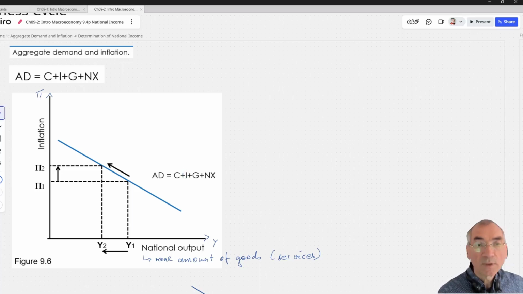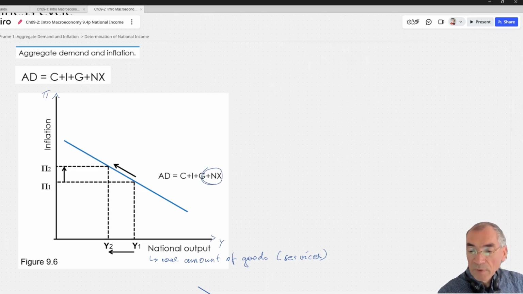Similar for government expenditure and also exports. People in other countries are going to buy less if the prices go up. So that's our inflation and national output graph, aggregate demand.